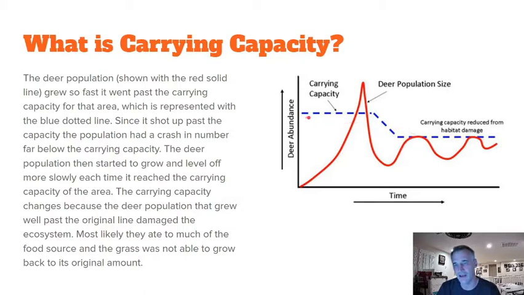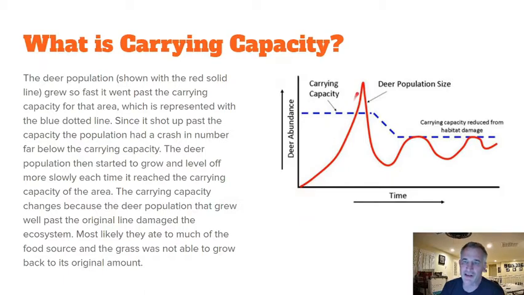Now notice, carrying capacity takes a dip here, okay? That's probably because this deer population getting above carrying capacity is affecting carrying capacity. So carrying capacity can actually change. It's not always going to be at the same level. It can go up or it can come down. So let's imagine this carrying capacity is food. Maybe this is grass that the deer feed off of.